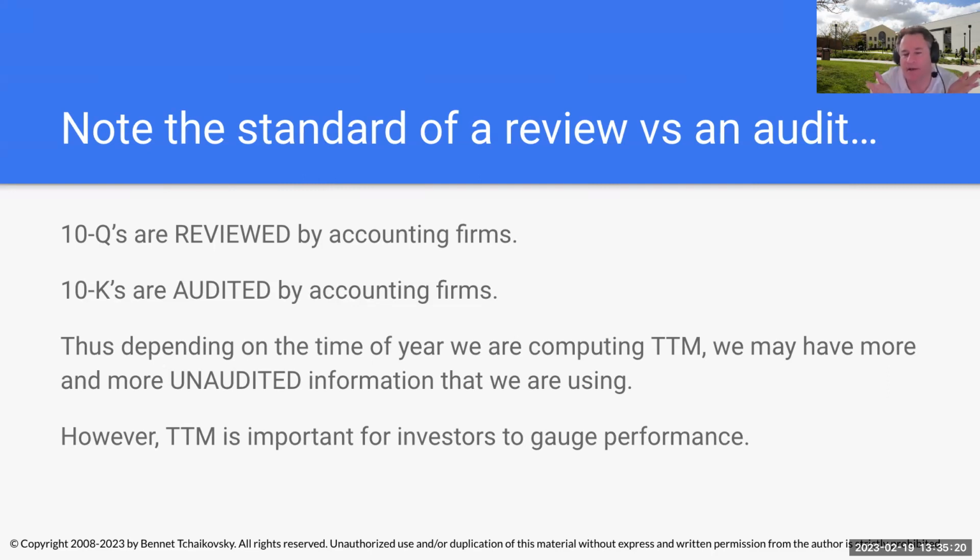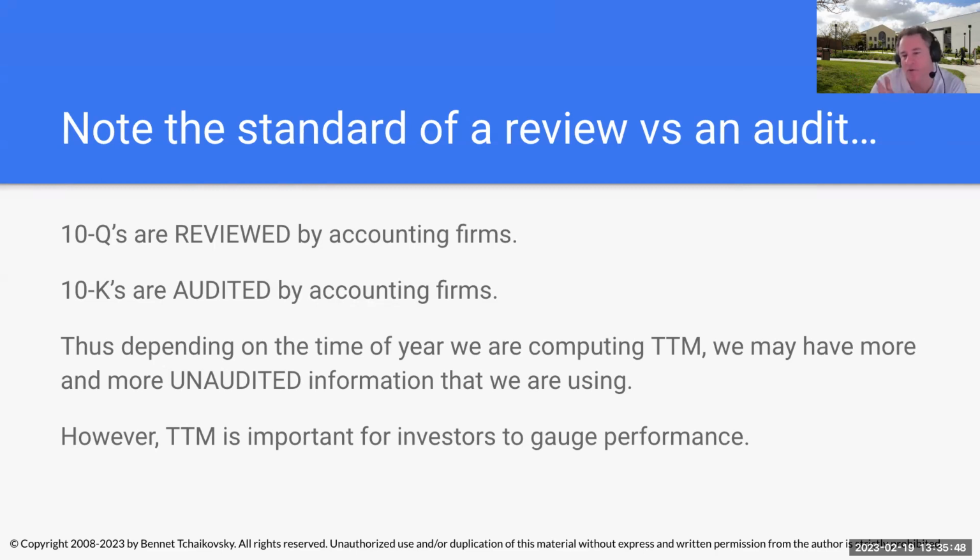The important thing to remember is that both are going to be reliable numbers, but it's the standard of review done by the independent auditors that differs. The auditors are not signing in blood, but it's a very, very different scope and standard of testing that they go through. It's a very, very big difference.